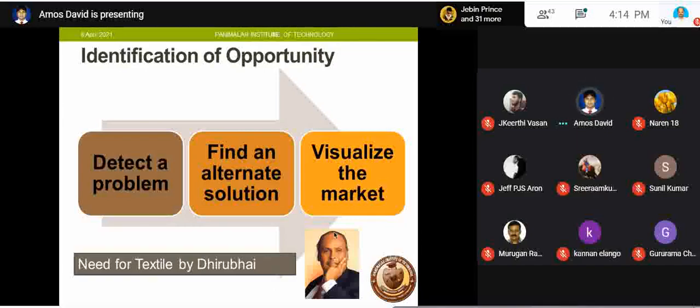That was bought in bulk by these people, and they went and sold it in the market for a higher price with a brand name called Vimal. You understand? Later on, they started manufacturing the textile by themselves. This was how they began.